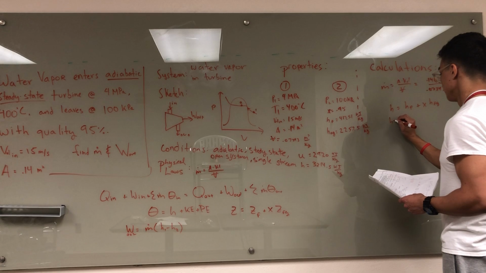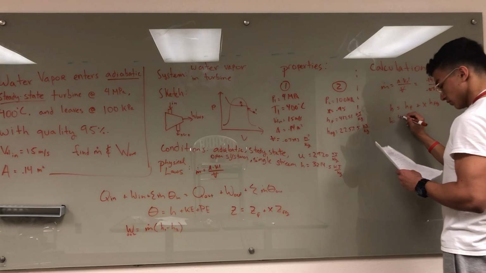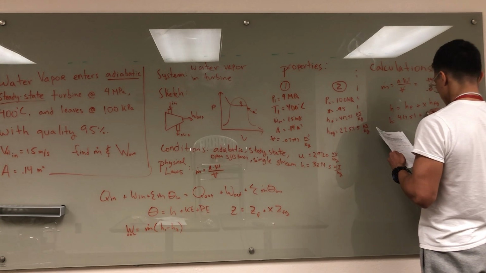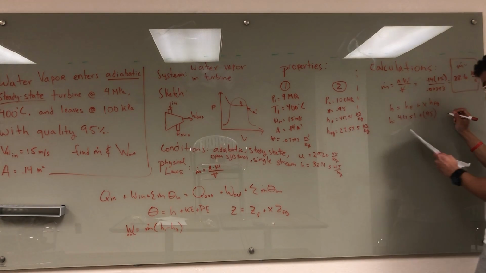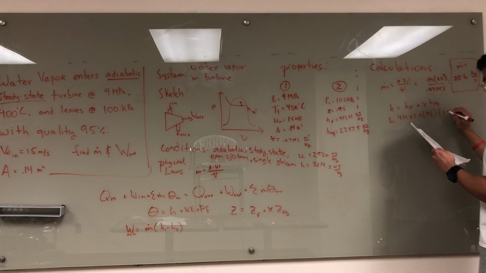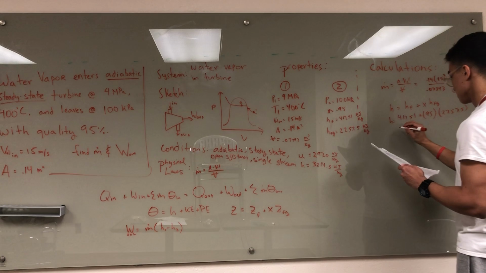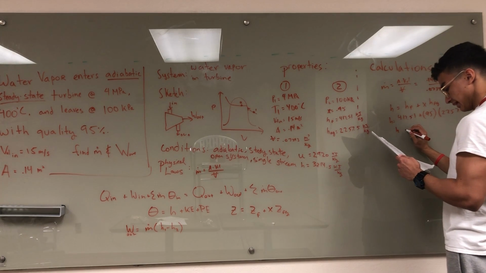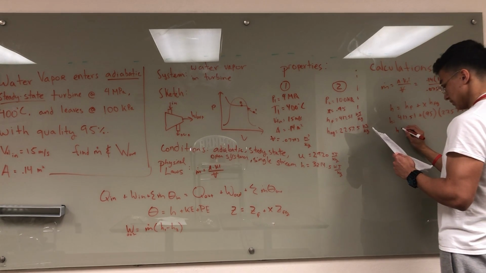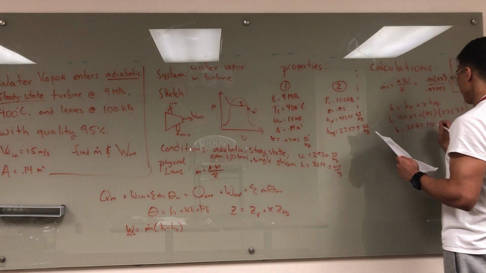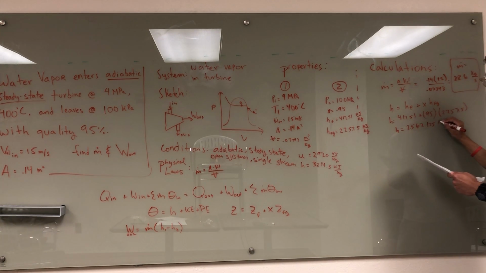So we're going to have h equals 417.51 plus 0.95, because that's our quality, times 2257.5. Crunch those numbers real quick, and you're going to get that h2 is going to be 2562.135. And the units on that, just like before, kilojoules per kilogram.